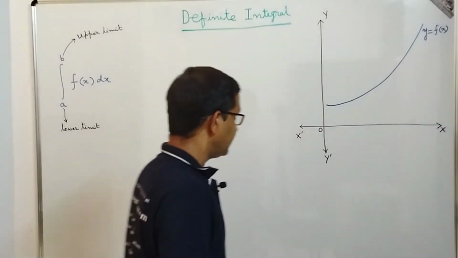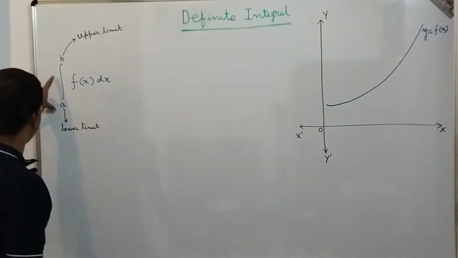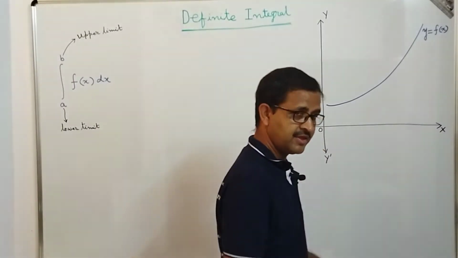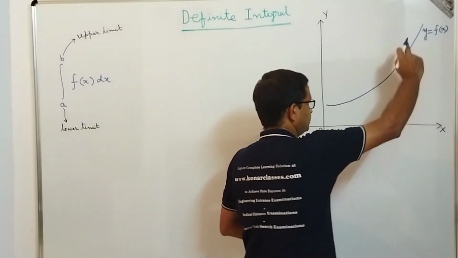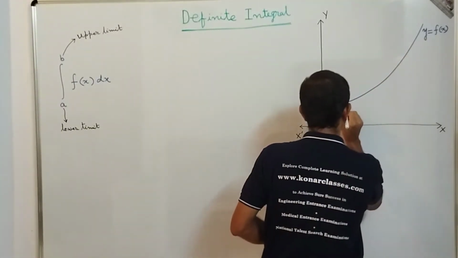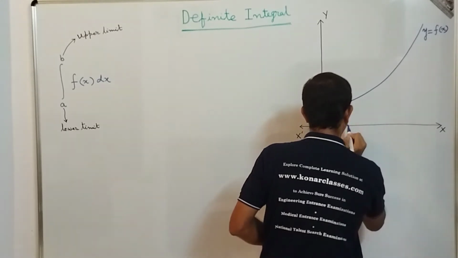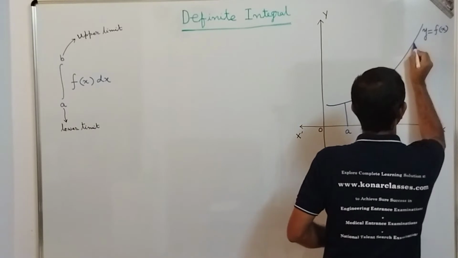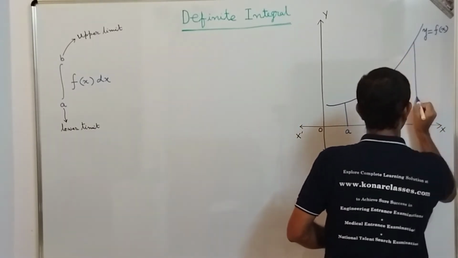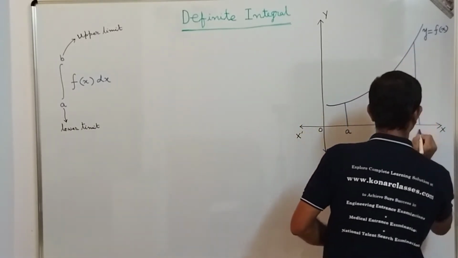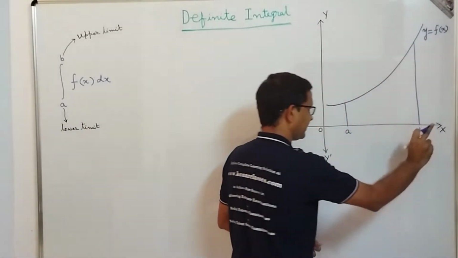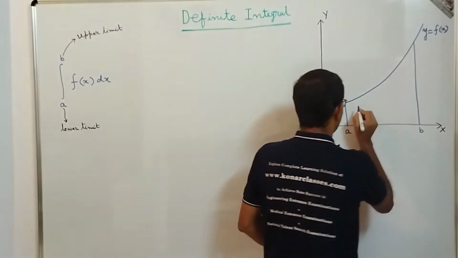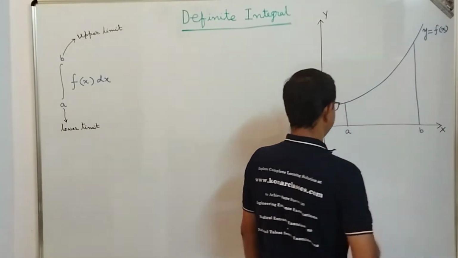Then the significance of the integration from a to b of f(x) dx is the area bounded by the curve and two ordinates. One ordinate is x equal to a, this is a, and another ordinate is x equal to b, and the x-axis. So that means it is the area of the region.